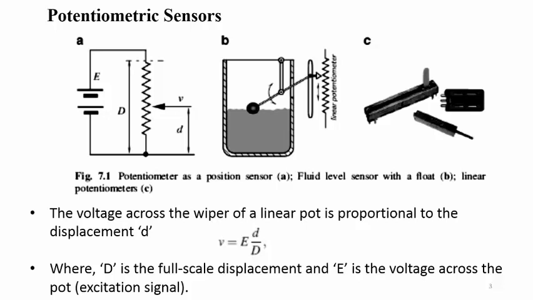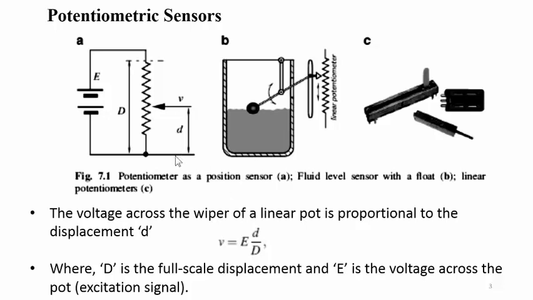First we will see the potentiometric sensor. This is a simple arrangement with a resistive material and one wiper. The wiper moves on the resistive material or wire wound potentiometer, and depending on the location of the wiper on the resistive material, we get the output.